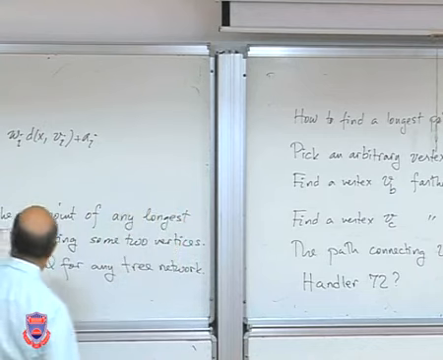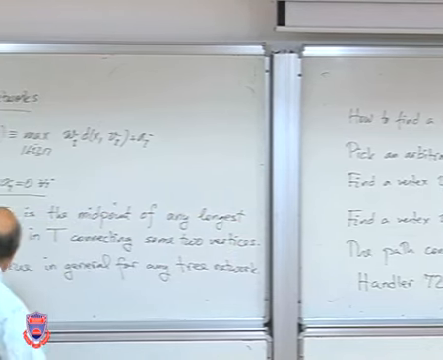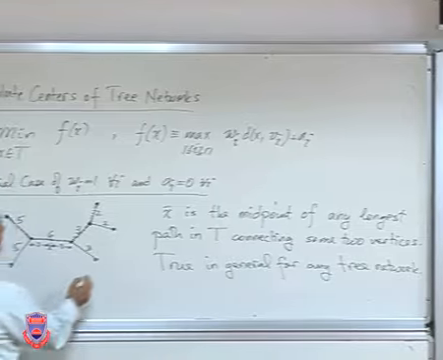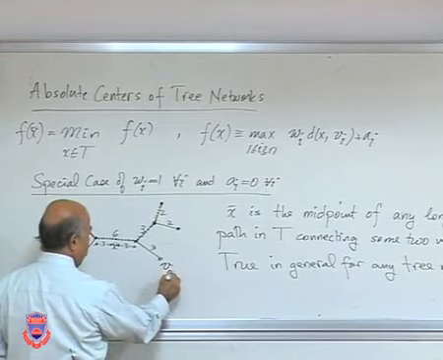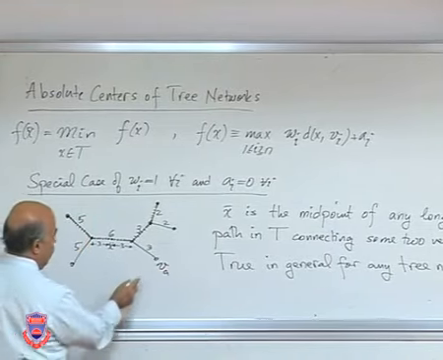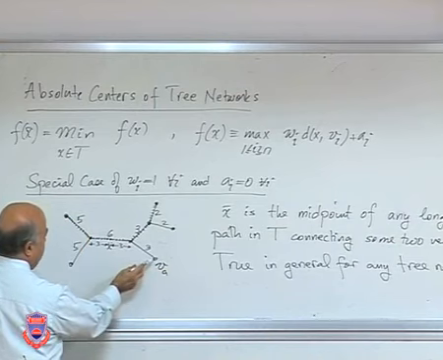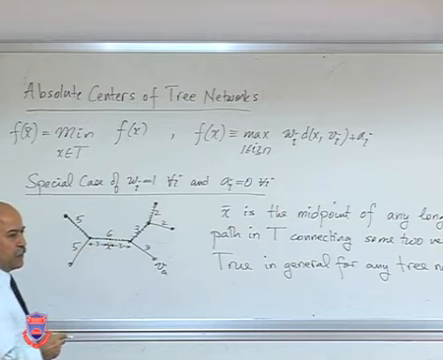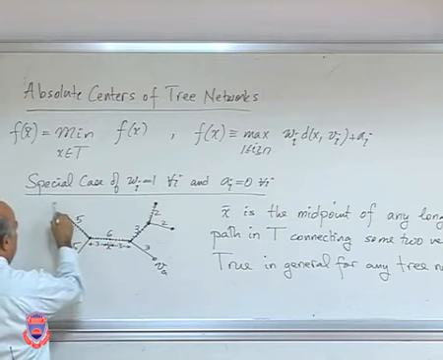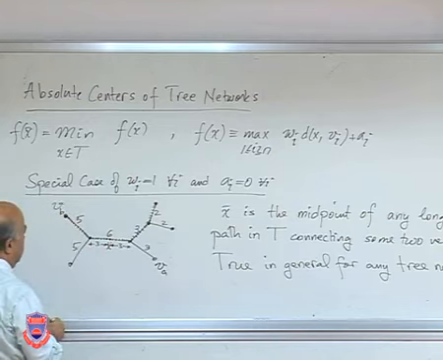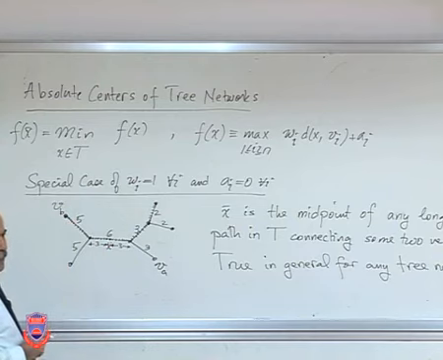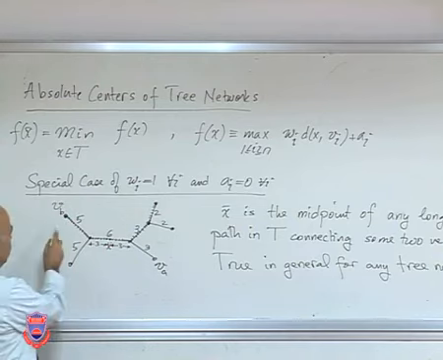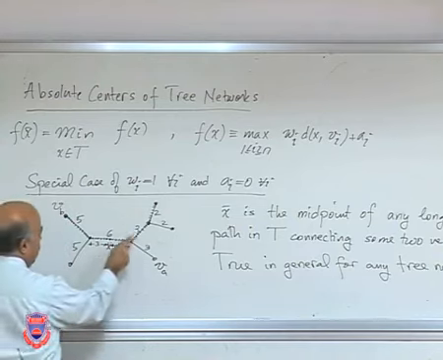So in the previous example, suppose you picked, for example, this one as your VA. When you find the farthest vertex from here, 3 plus 6 is 9, plus 5 is 14. So this will be your VB, or this could also be your VB. Then you find the farthest from this one: 5, 6, 3, 2.